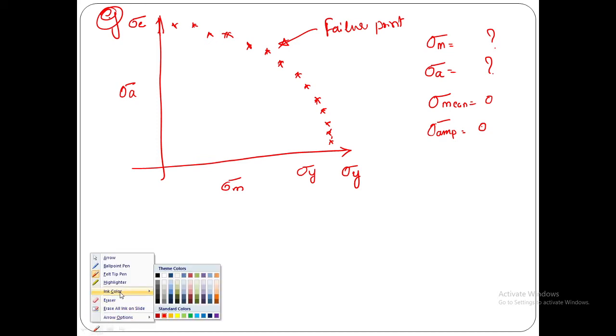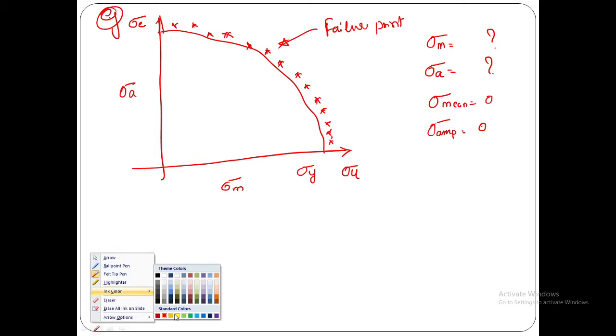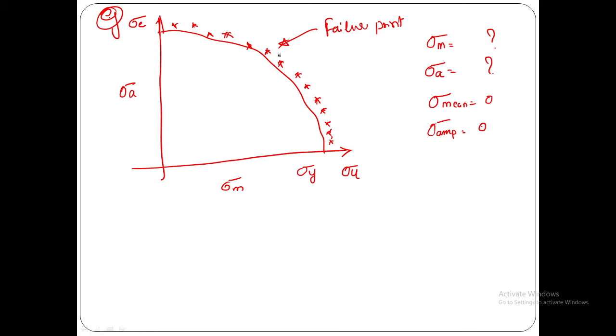A safe curve is drawn exactly below the failure points. The line drawn in consideration of exactly below the failure points is called the Gerber line.